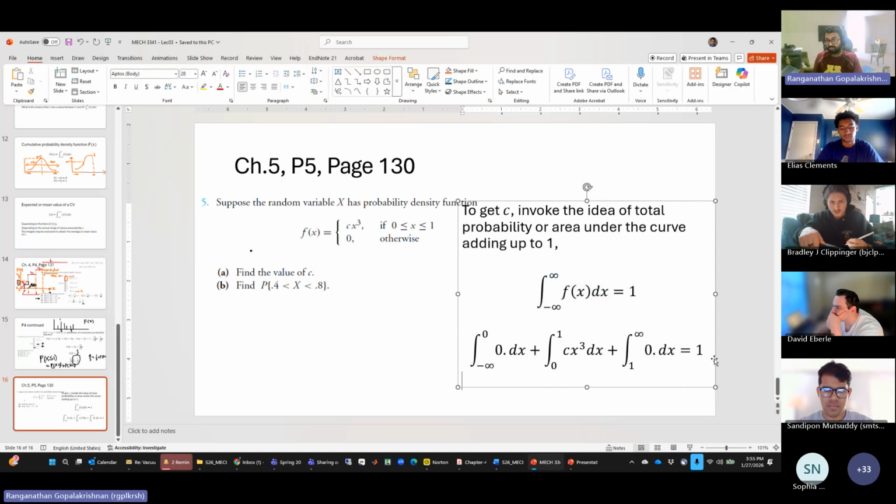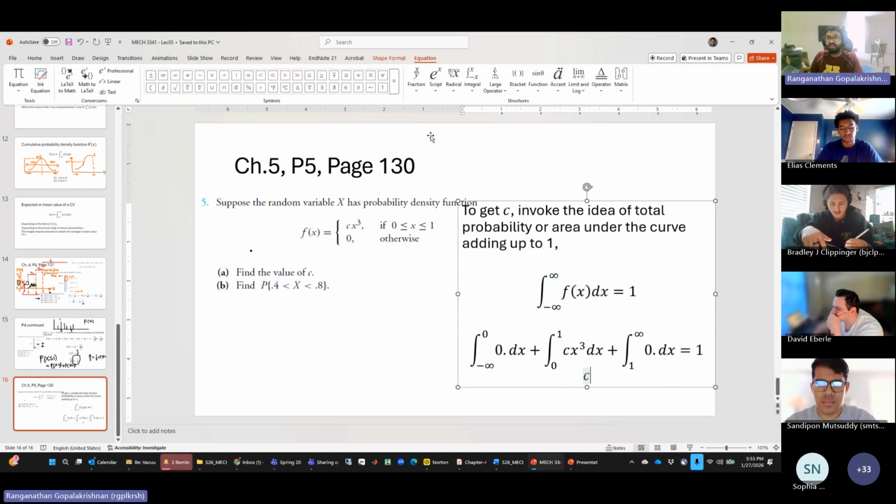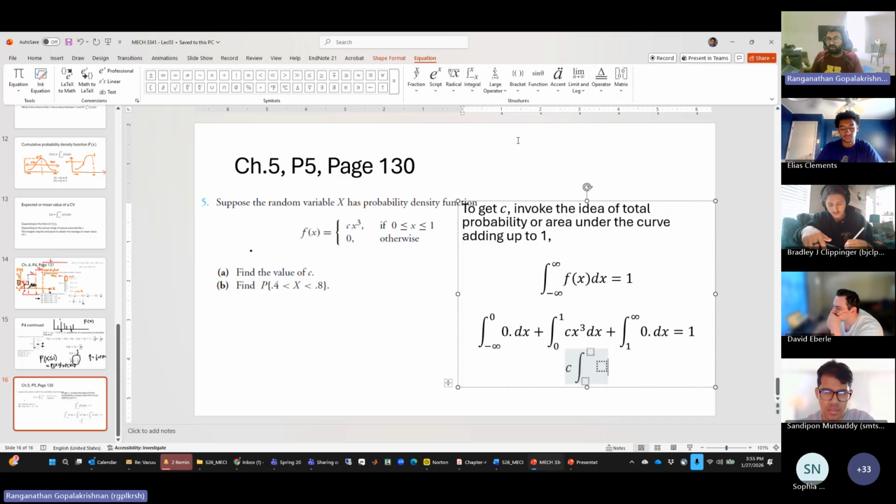So what you have is c times, you know the integral. You're going to do this on Thursday in your prerequisites quiz. 0 to 1 x cubed dx equal to 1, which means c is 4.